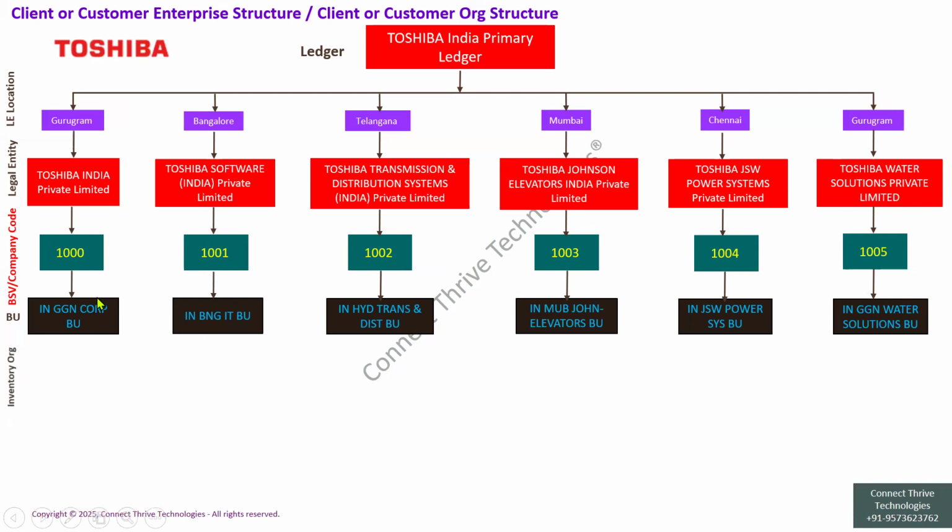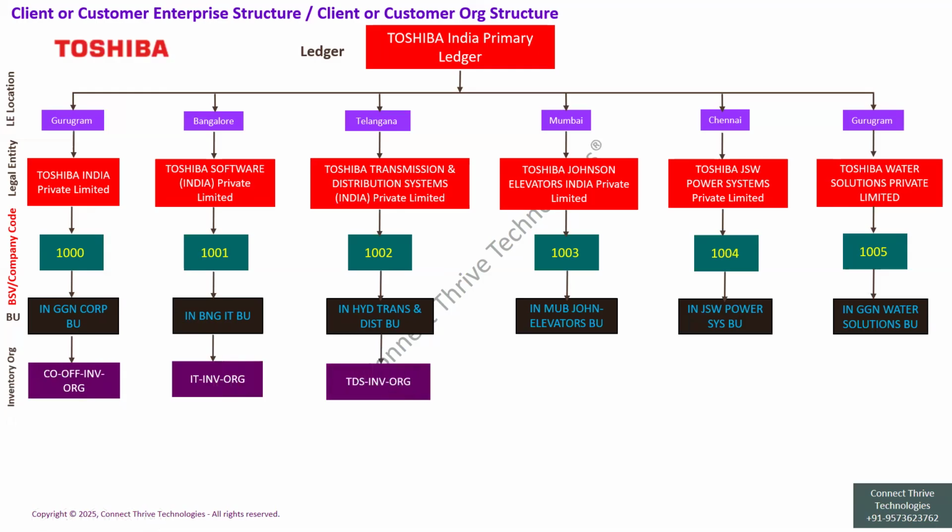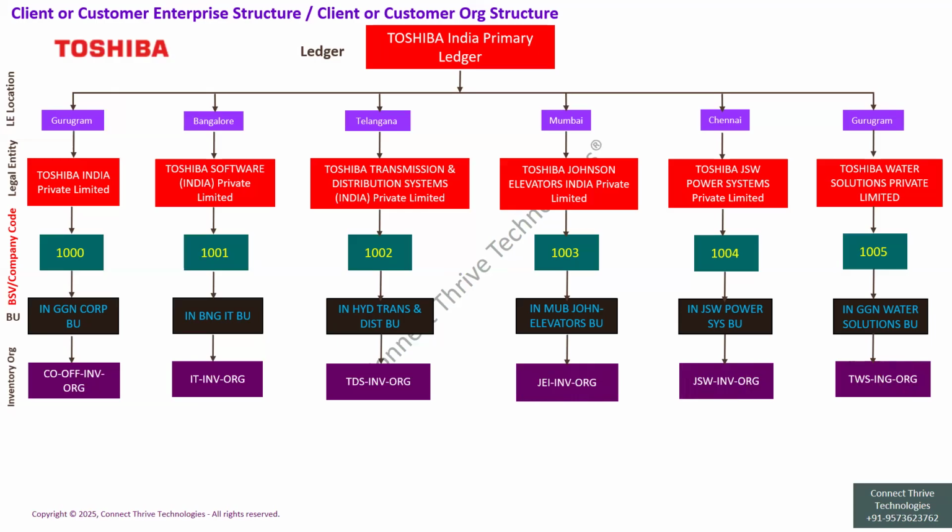Then after that, what we are going to do is mainly create the inventory orgs. So this is a manufacturing related company, right? So obviously depending on the requirement, we will create the inventory orgs under the BU, like corporate inventory org, then IT inventory org, then transmission distribution systems related inventory org, and then Johnson Elevators India related inventory org, then JSW Power Systems inventory org, water solutions inventory org.